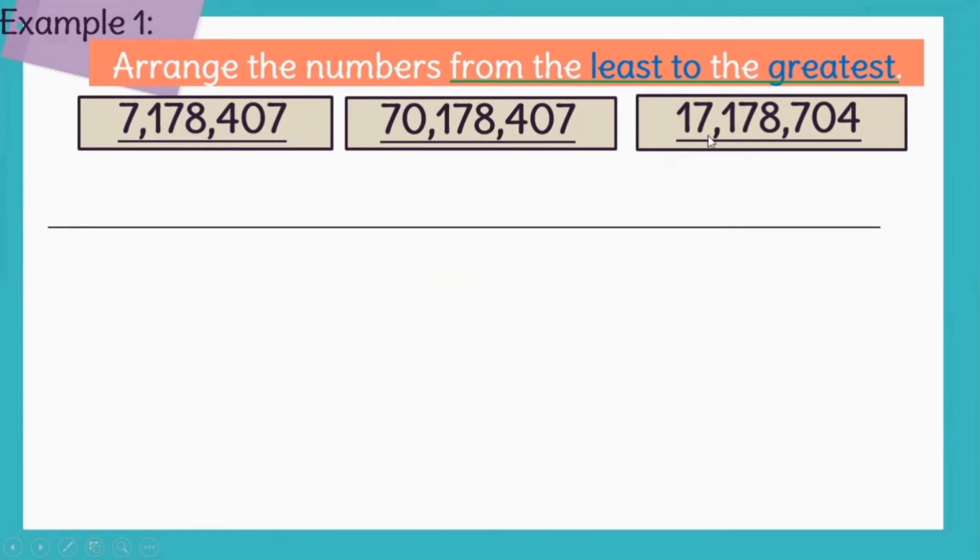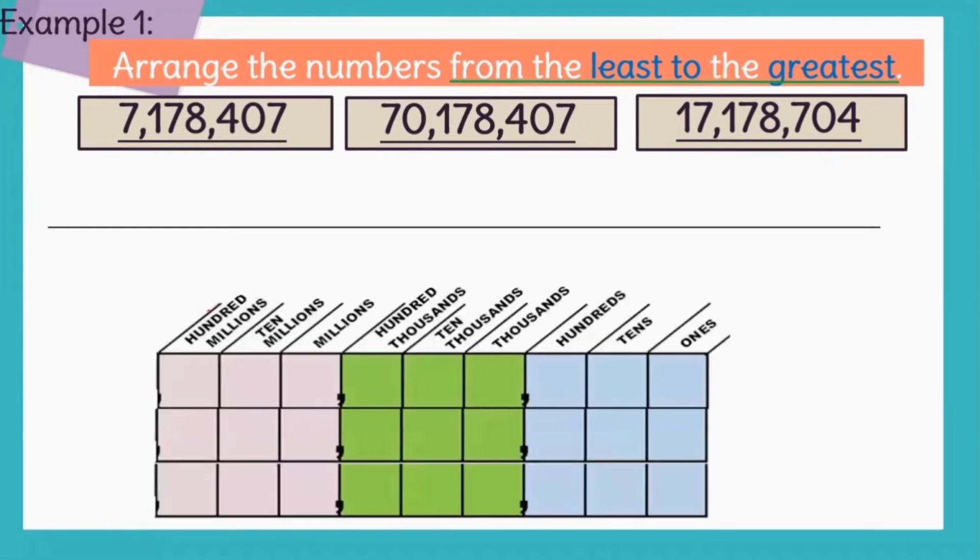The third one, 17,178,704. So we are going to arrange these numbers from the least to the greatest, from the smallest to the biggest. So using the place value table, we are going to place each digit in their proper places.